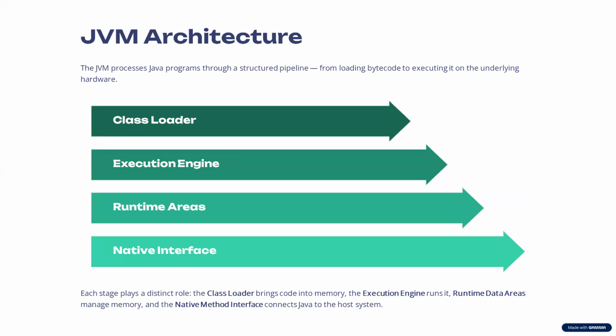Each stage plays a distinct role. The class loader brings code into memory. The execution engine runs it. Runtime data areas manage memory, and the native method interface connects Java to the host system. So these are the four levels where the JVM works: loading, execution, runtime environment, and memory management.